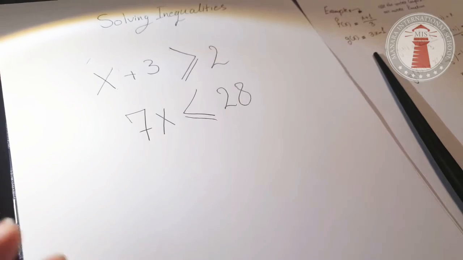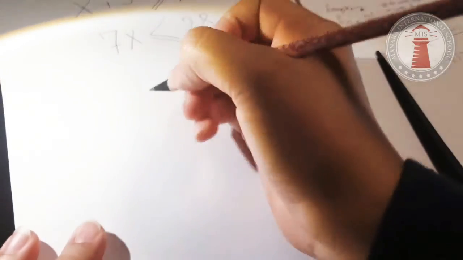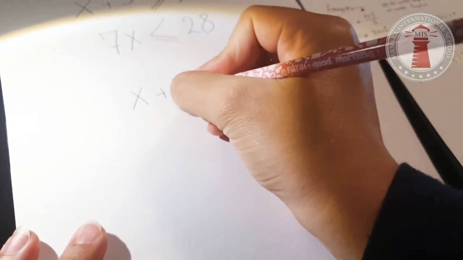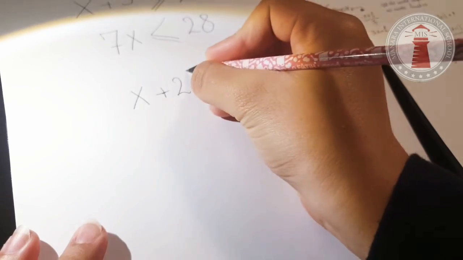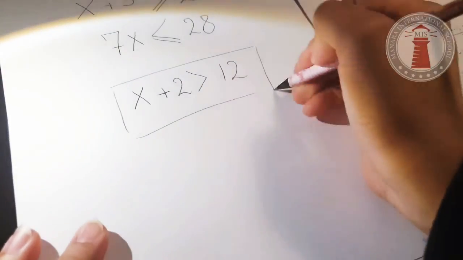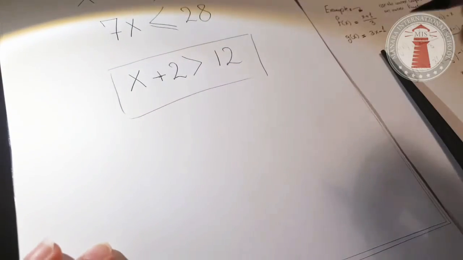Now let's have an example for this. Let's say that we have x plus 2 is greater than 12, and we want to solve this inequality. Now think of this sign as an equal sign, as an equation.